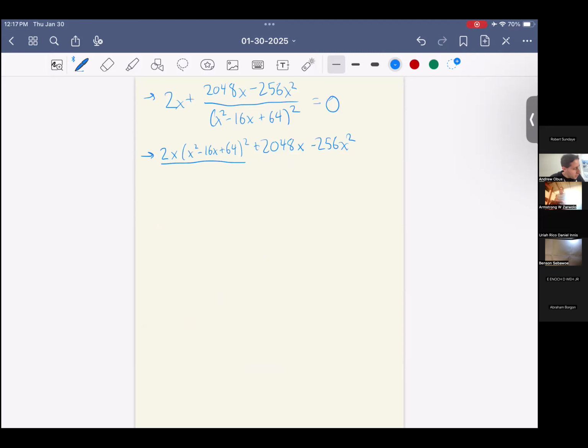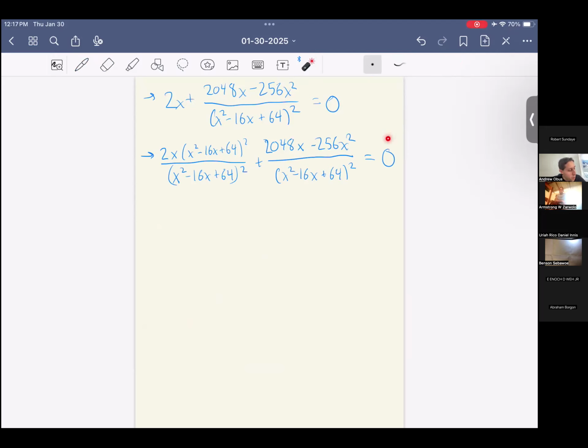So this will be over x squared minus 16x plus 64 squared. This will be equal to 0. Let me just erase this plus and put it over here instead. Okay, just getting a common denominator.